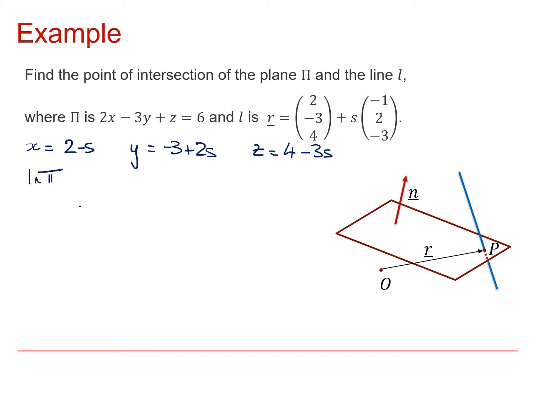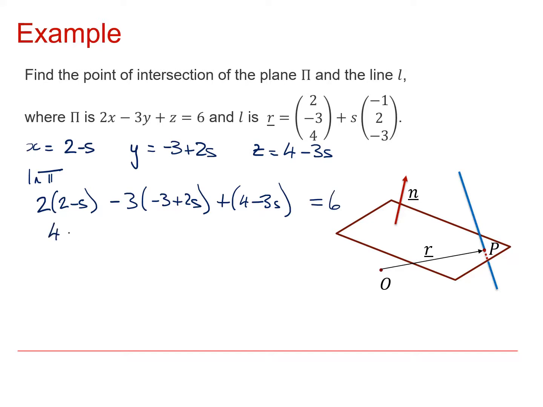So plugging that into the equation for pi, I'm going to get 2 lots of 2 minus s, minus 3 lots of minus 3 plus 2s, plus 4 minus 3s, so that's my x, y, and z, must be equal to 6.